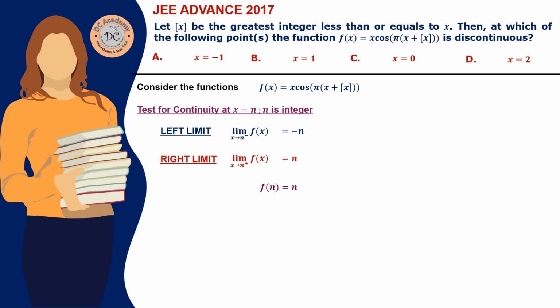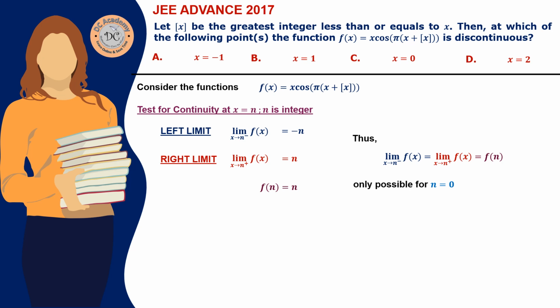Therefore, from the left limit, right limit, and the function value at x equal to n, we understand that all three values need to be equal, which happens only when n is equal to 0, because otherwise minus n and plus n cannot be equal. So we can say that the given function will be continuous only when x equal to 0.